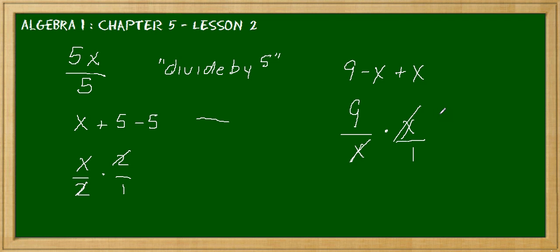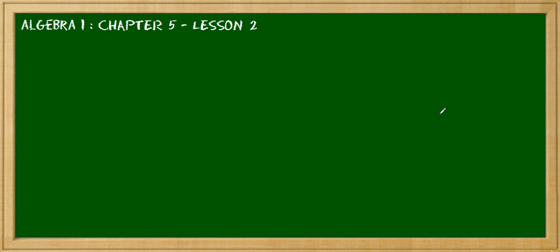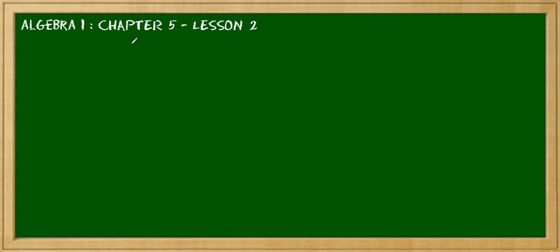Okay. Number 6, write a number or expression for each of the following. So this is a little bit different. Let me clear my board here and get my pen back. We're being asked here now to write a number or expression for each of the following.